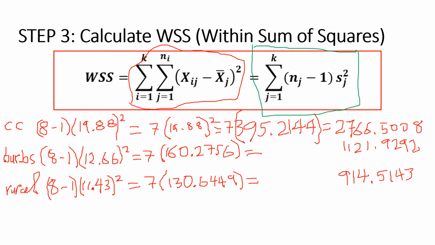914.5143, right? And the last thing that we do, because we have this summation symbol up here, is that we sum these three values, and that gives us our WSS.